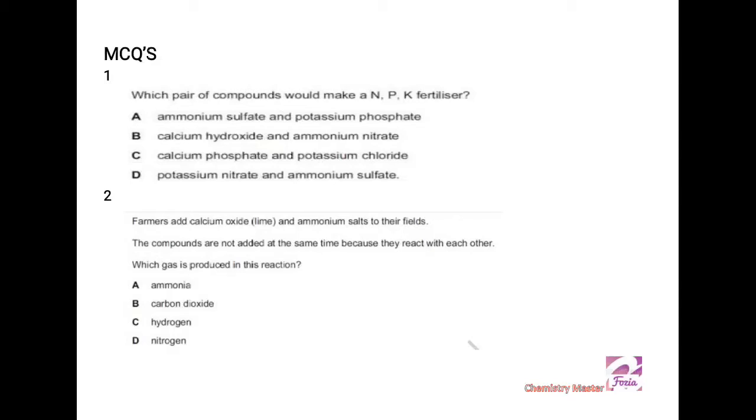Now this time we are going to discuss assignment number 15 and the very first MCQ: which pair of compounds would make an NPK fertilizer? Do you know about NPK fertilizers? These fertilizers are rich in nitrogen, N, phosphorus, P, and K, potassium, because all these are nutrients for the plants and they augment plant growth.